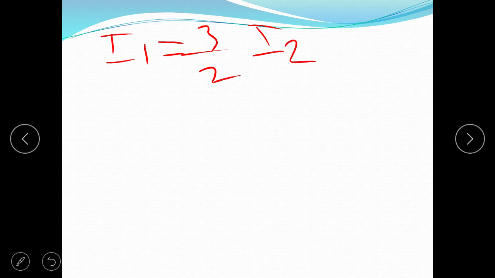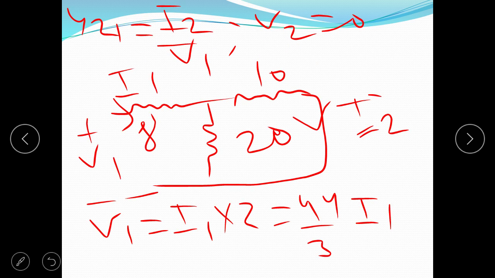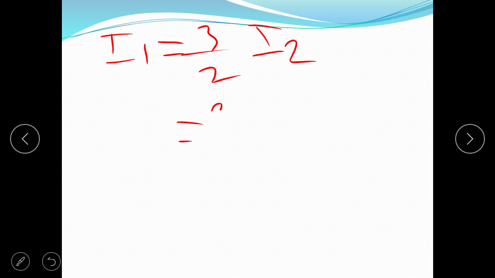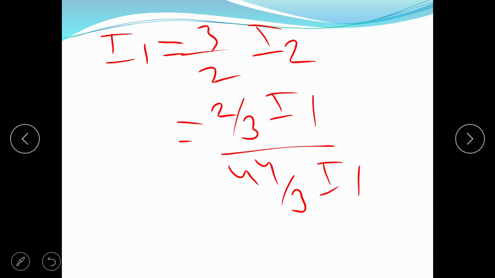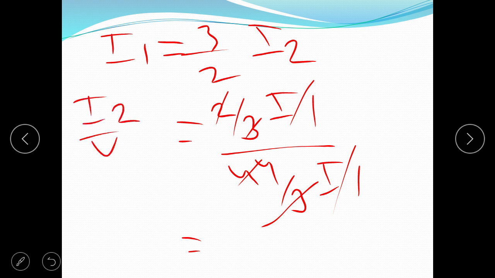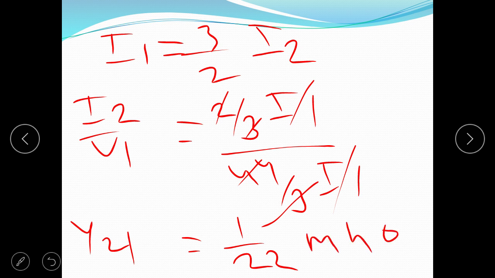So the ratio of I2 upon V1 is 2 upon 3 of I1 divided by 44 upon 3 of I1. I1 to I1 cancel, 3 to 3 cancel. This is 220. So the ratio of I2 upon V1, that is Y21, is equal to 1 upon 22, and its unit is mho.